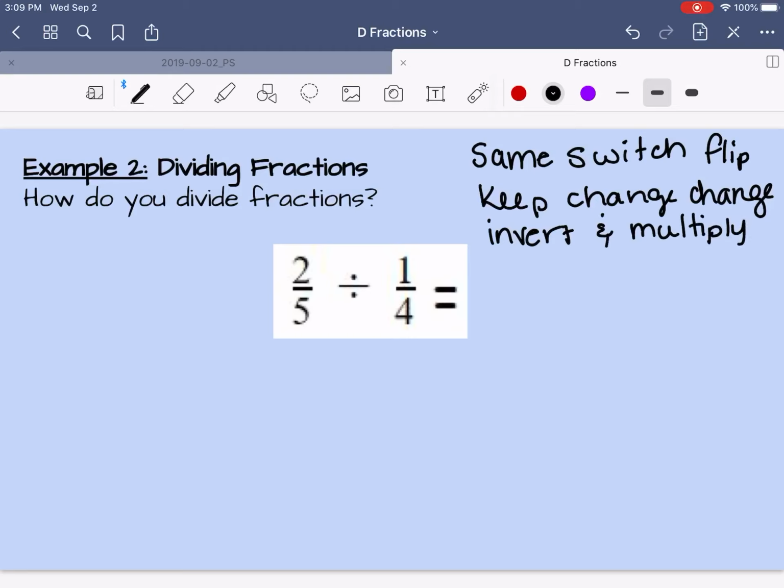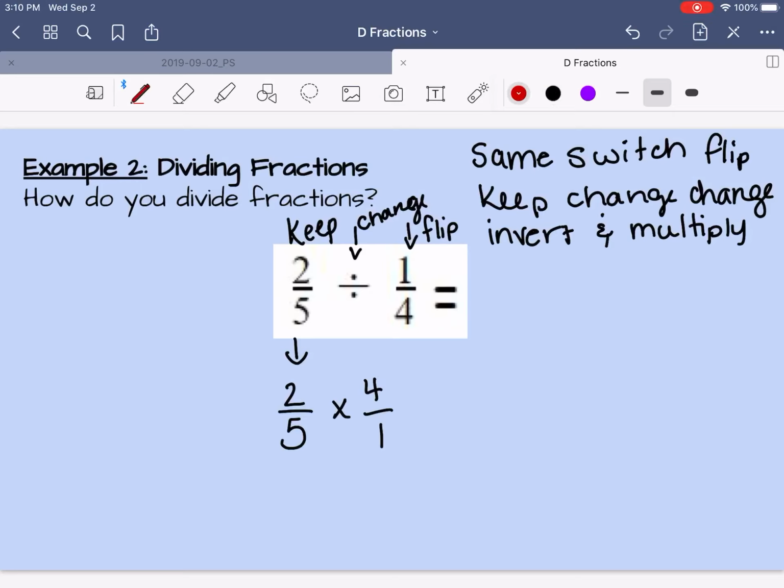Okay. So when you are dividing fractions, you keep the first fraction the same. So same, keep. You switch or change the sign, and you flip the second fraction over. Okay. So keep 2 over 5, change the sign to multiplication, and flip the second fraction and invert it.